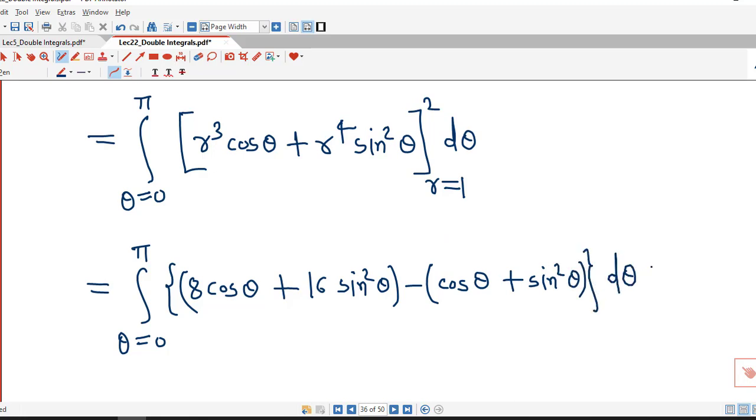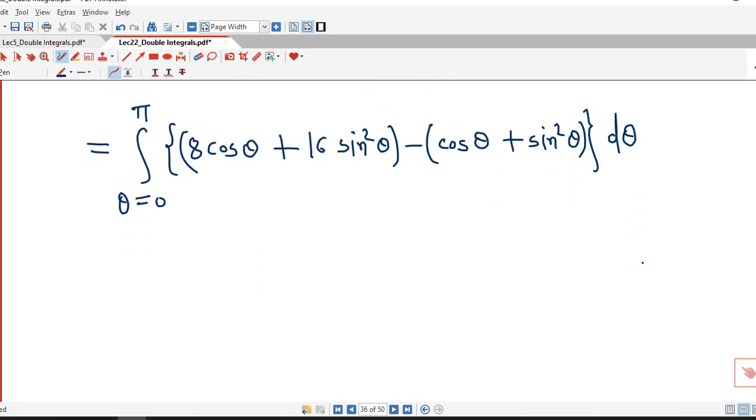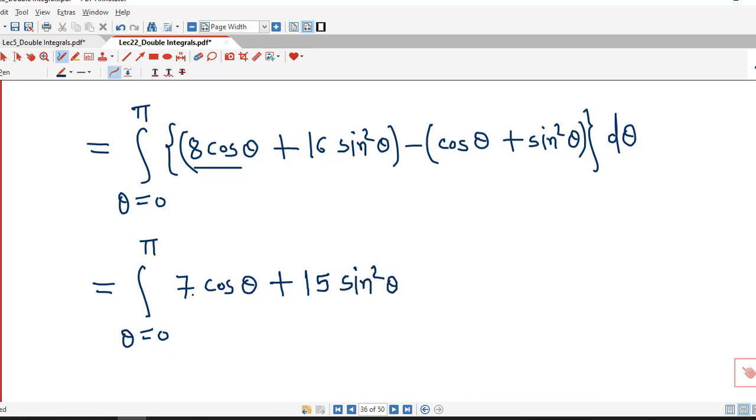Then integrate with respect to theta. Theta is from 0 to pi. 8 cos theta minus cos theta, that is 7 cos theta, plus 16 sin squared theta minus sin squared theta, that is 15 sin squared theta d theta.